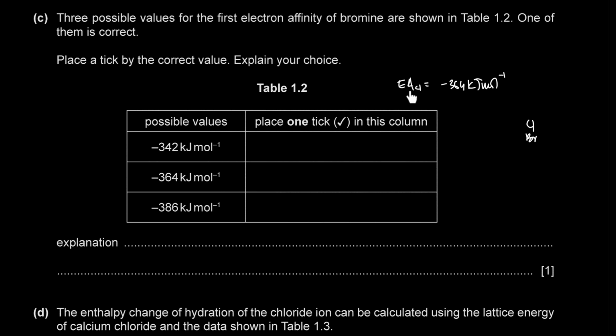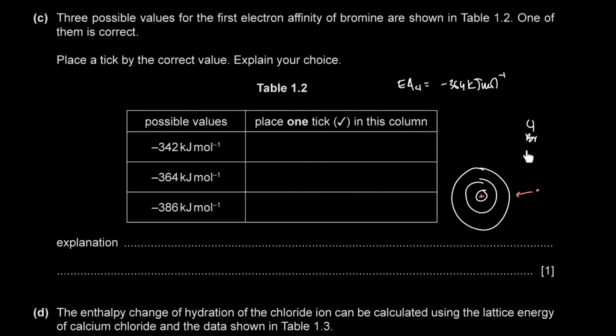Now, the electron affinity is a measure of the tendency of an atom to gain electrons. The more exothermic it is, the more favorable gaining electrons is. Now, we know that down the group, the tendency to gain electrons decreases, because bromine has more shells. It's a larger atom, which means that the incoming electron experiences a weaker nuclear attraction because of the greater distance and the greater shielding.